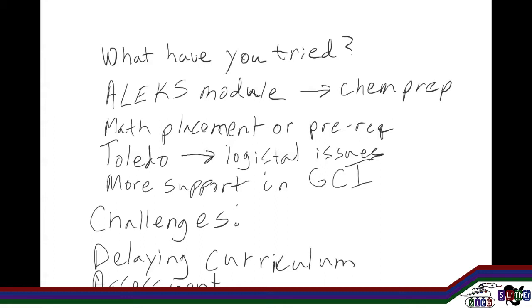That's going on right now. I don't know yet how that's going to play out, but the idea is being able to capture students who need the math, the problem solving, some chemistry before Chem 1. We're hoping that we're going to capture some of those and improve the DFW rate.